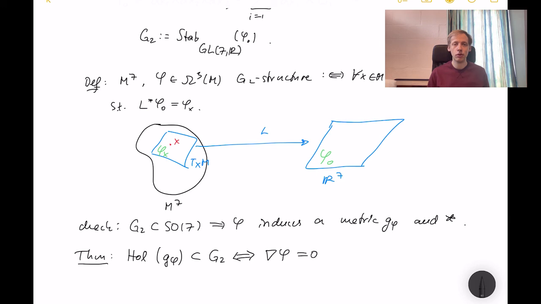The reason that's useful is if you want to write down a G2 metric, a metric with holonomy contained in G2, you don't need to bother writing down a Riemannian metric directly, but you can write down this 3 form phi, which must be parallel. So it's still a hard task, but it makes the problem a bit more manageable than having to write down a metric on a 7-dimensional manifold.